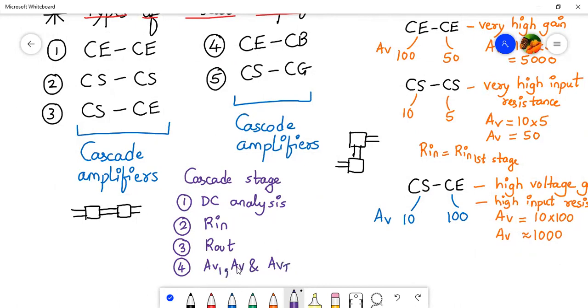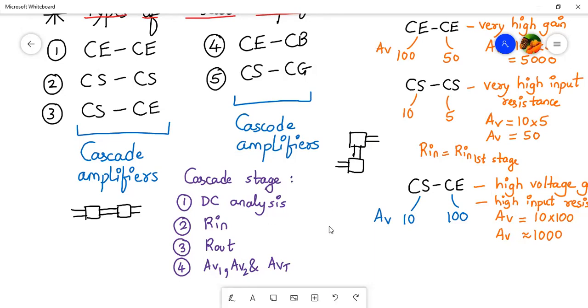That's it. And for finding AV1, AV2, and AVT, we also have to calculate the small signal parameters. Small signal parameters for BJT and MOSFET are different, so we have to do that. So this is what we have to do for cascade amplifiers.